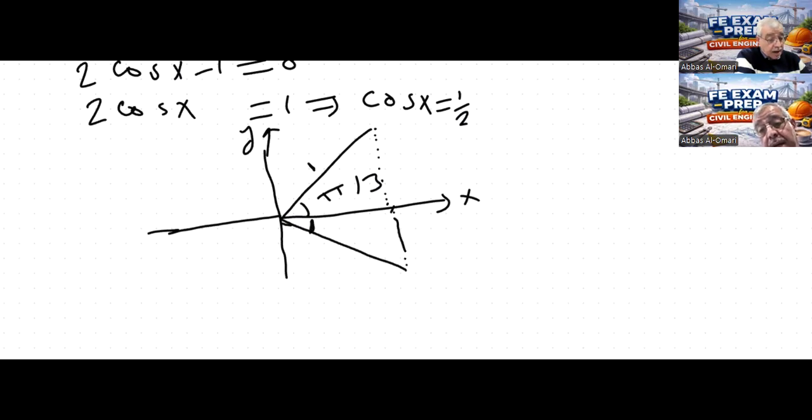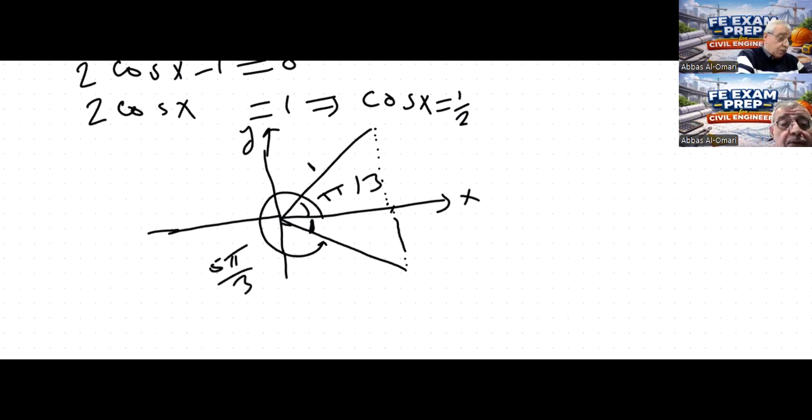Its cosine is half, the same. Now, this angle we have to start from here, so this angle is 2 pi minus pi over 3. So this angle is 5 pi over 3.